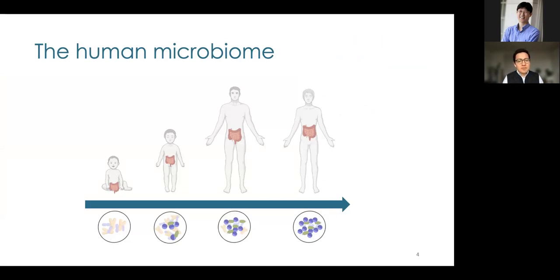Instead, it's thousands of different microbial species that form this organ. As soon as we are born, we are first exposed to these bacteria that start to train our immune system and help develop our brain functions. It is an extremely important part of our development, and it changes throughout life.